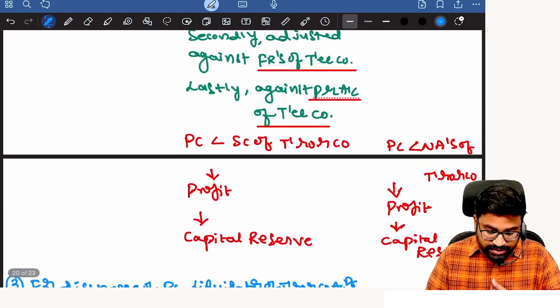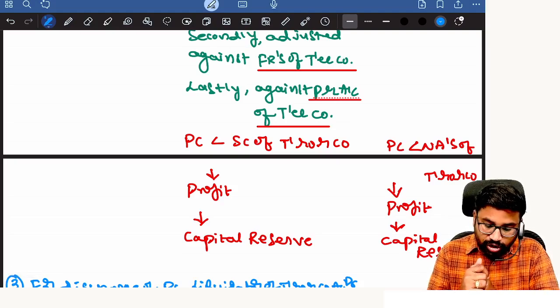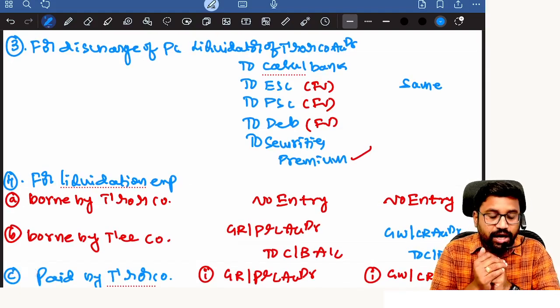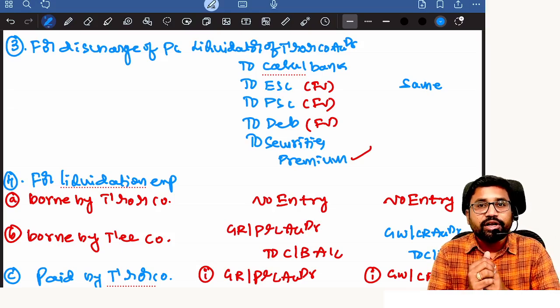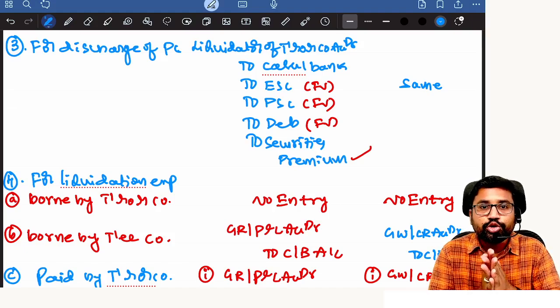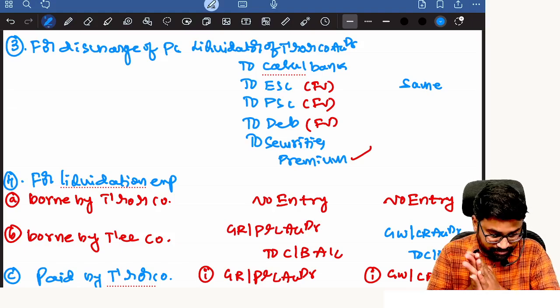But in both cases, if purchase consideration is less than share capital or less than net assets, it is profit, and it will be transferred to capital reserve. And discharge of PC: liquidator of transferor company account debit to cash or bank, to equity share capital, to preference share capital, to debentures, to securities premium.